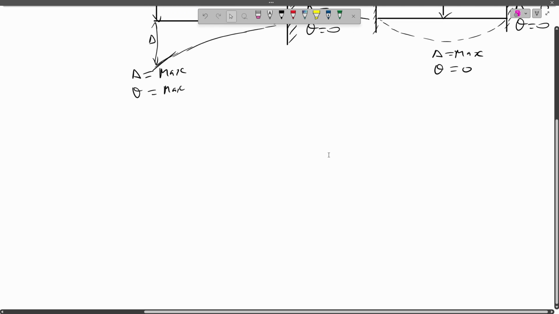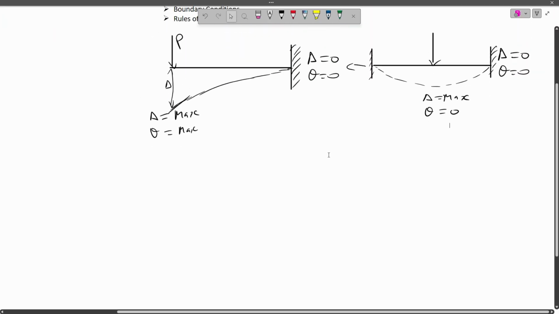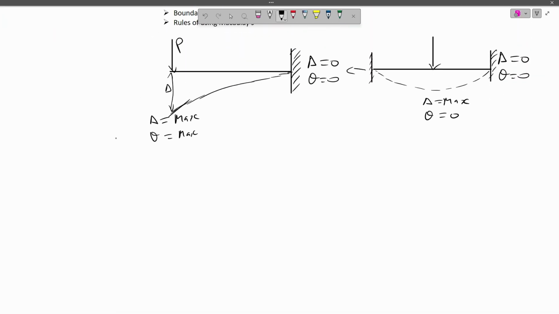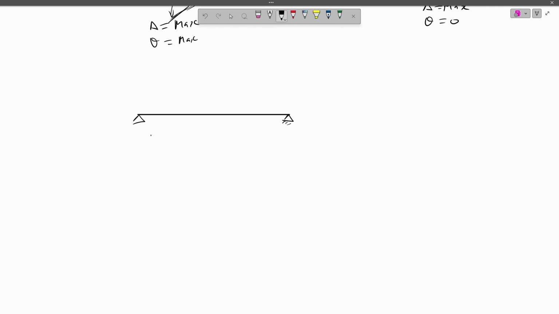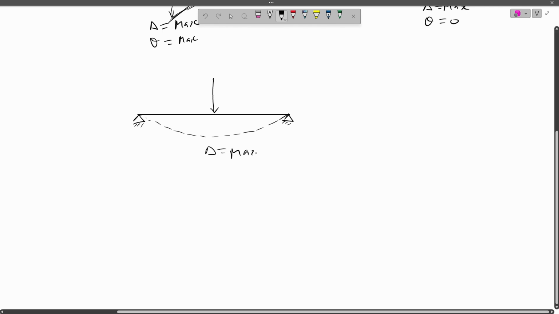Now let's look at simply supported beams and overhanging beams. For a simply supported beam, our beam is going to bend downwards like this, and at this point our deflection will be max and our slope will be 0.